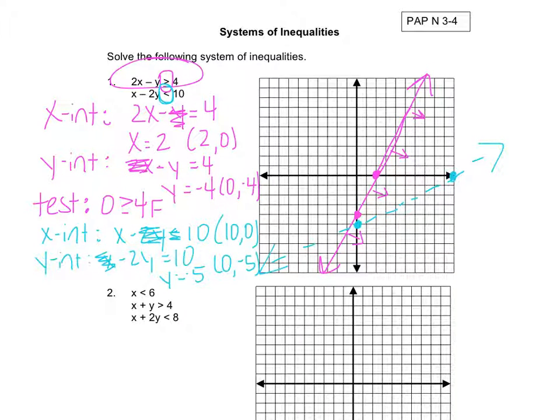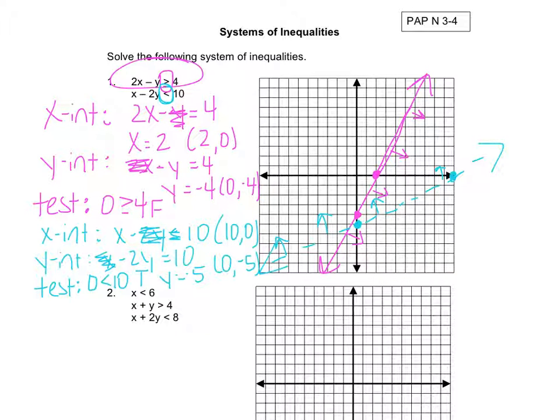All right, so your test point, still plugging in a 0, 0. It's the easiest point to plug in. I'll get 0 on the left side is less than 10. That is true, which means I need to shade wherever 0, 0 is at. So if you look at your blue line here, we would need to shade above towards 0, 0.